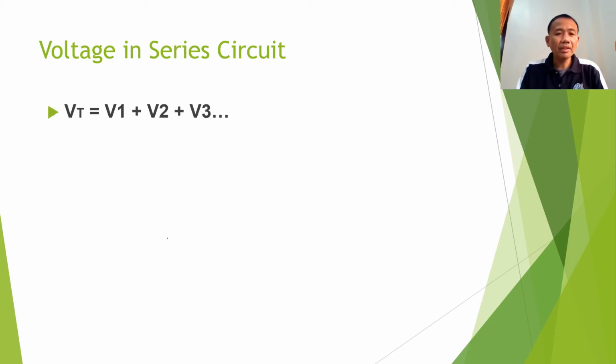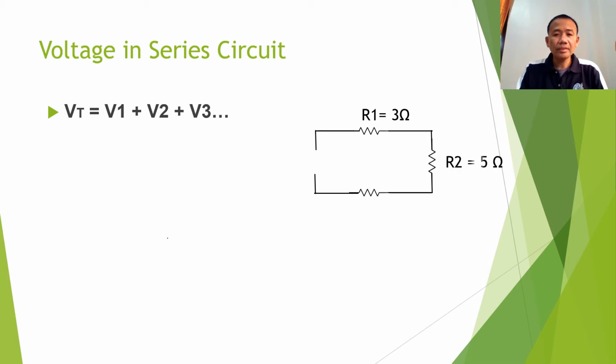Now let us continue with the computation of voltage in a series circuit. Using the formula Vt, or total voltage, is equivalent to V1 plus V2 plus V3. Again, we use the same circuit given a while ago for the total resistance. R1 is equivalent to 3 ohms, R2 is equivalent to 5 ohms, and R3 is equivalent to 2 ohms, with a given total voltage of 10 volts.